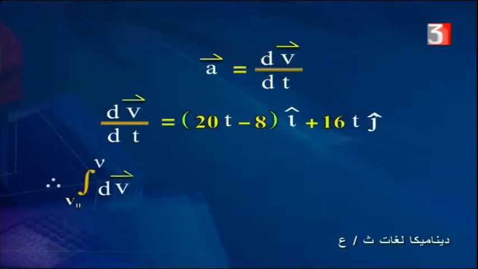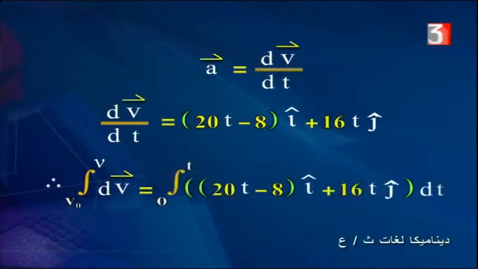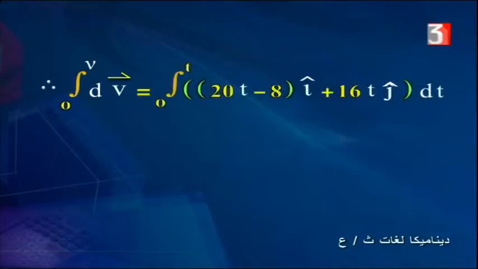The integration of dv vector from v naught to v equals integration (20t minus 8) in direction i plus 16t in direction j dt from 0 to t. This relation, integration dv from 0 to v equals integration (20t minus 8) in direction i plus 16t in direction j dt from 0 to t, and the integration of the left hand side equals v.